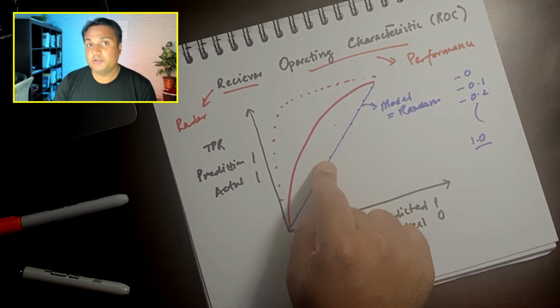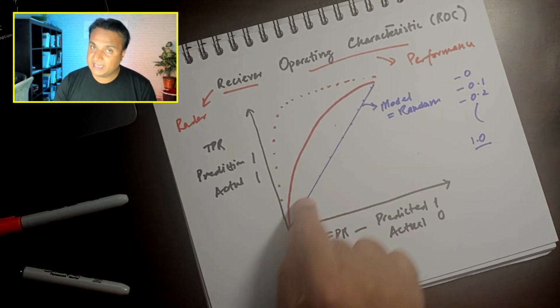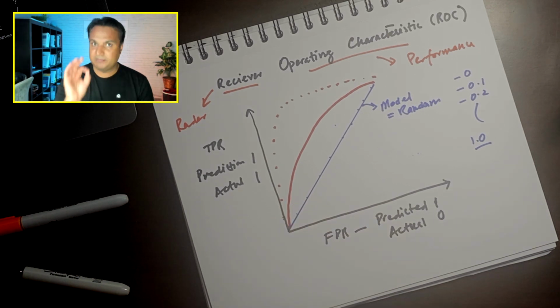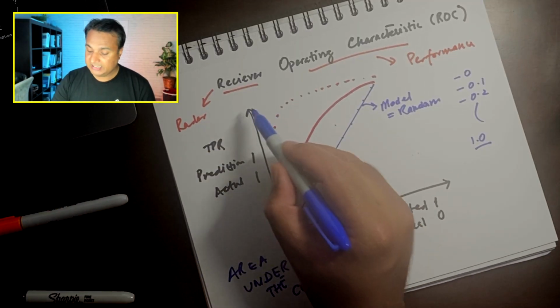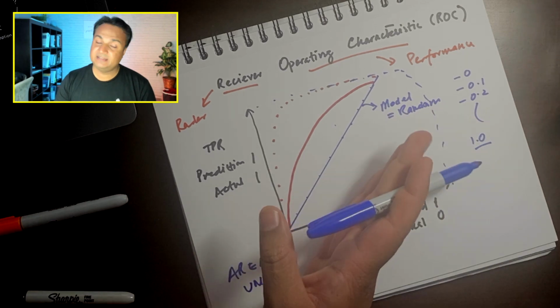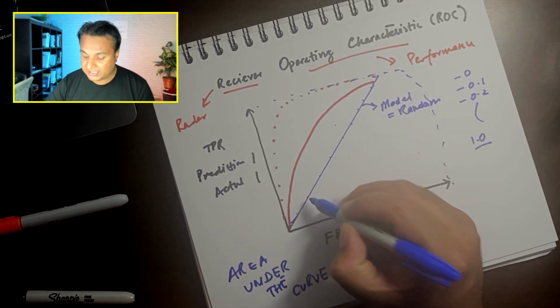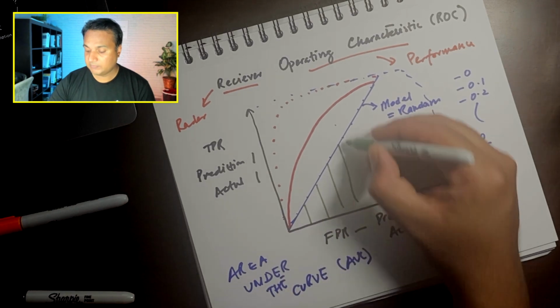Now from this curve, you can tell that this model's performance is better than this diagonal line, but to come up with a number which can tell you how much better it is, we calculate the area under the curve. So a simple explanation for this is that if this is the total area, and this diagonal line is dividing it in half, then we know that the area under the curve for this diagonal line would be 0.5.